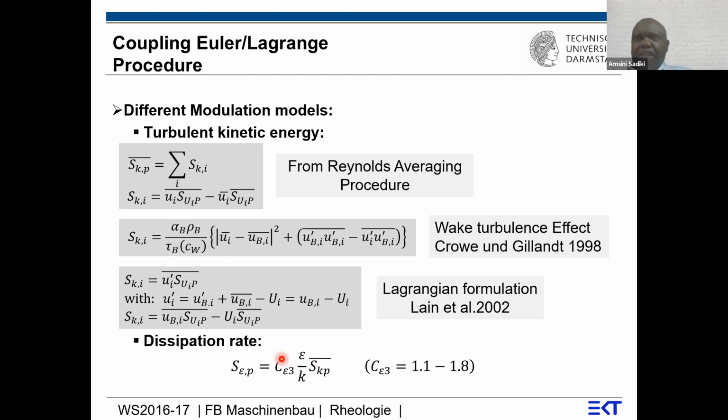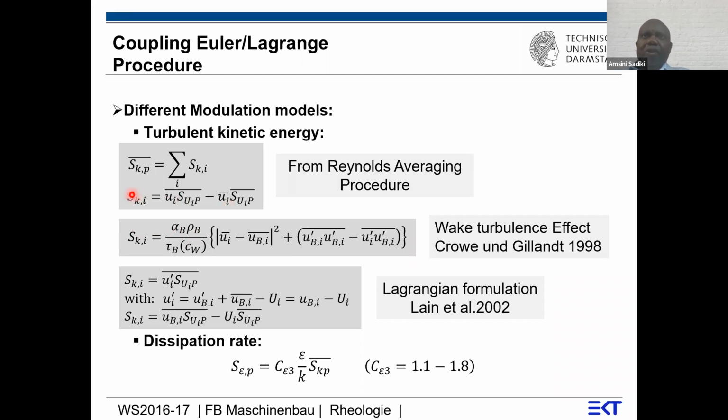So this C epsilon 3 takes these values from some fitting analysis with the experiment. So the problem is now how we can correctly account for the modulation.